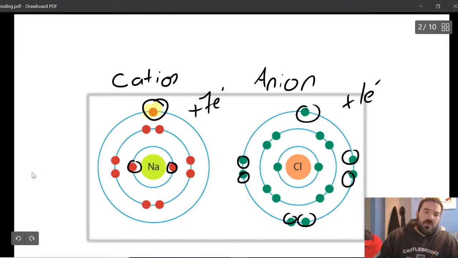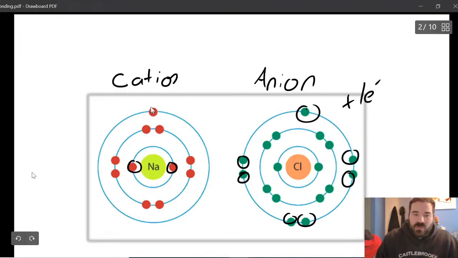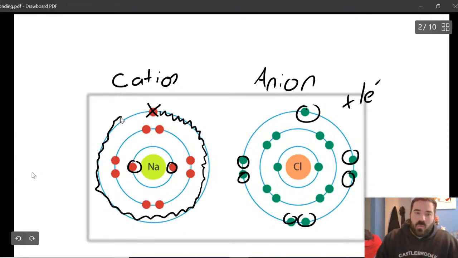So what is sodium going to do? It can't gain 7 electrons. It's too much work. So its solution to the problem is not to gain electrons, but actually to lose electrons. And all it would have to do is lose this 1 electron on its outer shell, and that whole shell is gone. It wouldn't exist anymore.